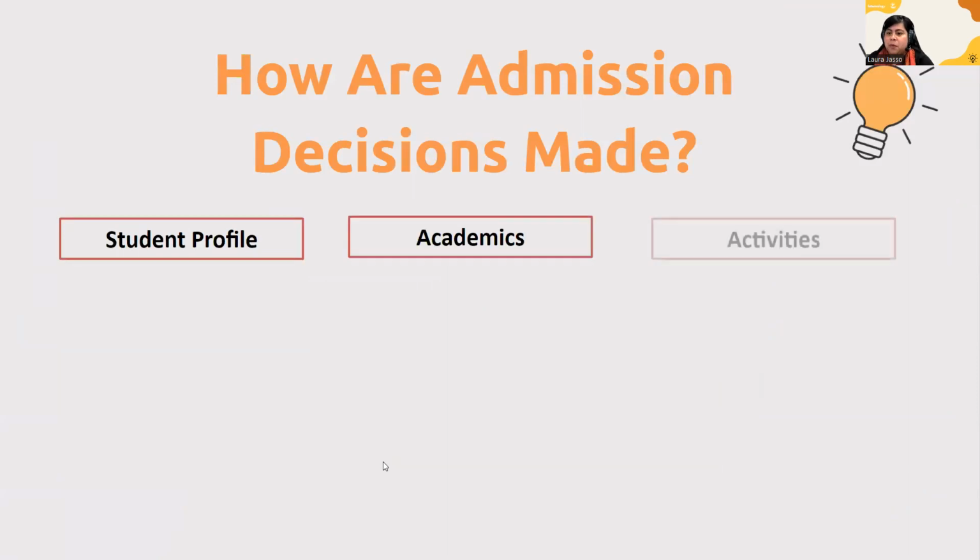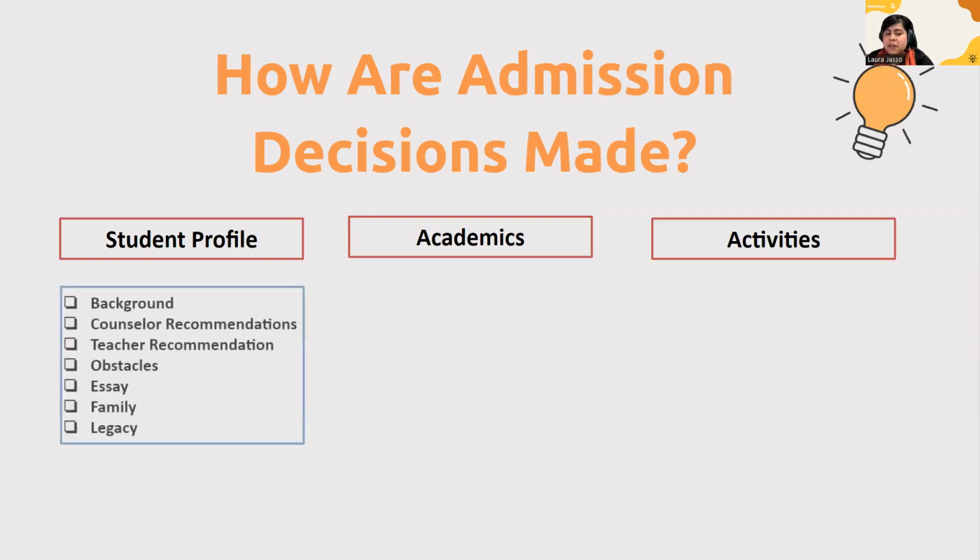So they want to know what is their student background? What obstacles have they faced while they were in high school? What kind of things did they go through? They want to know what their teachers and counselors are saying about them. Do they have strong recommendation letters? They're also going to be looking at that college essay.